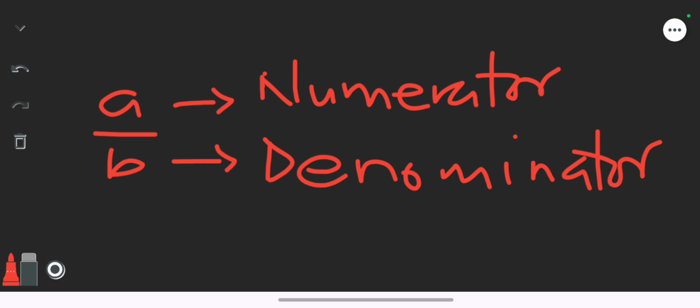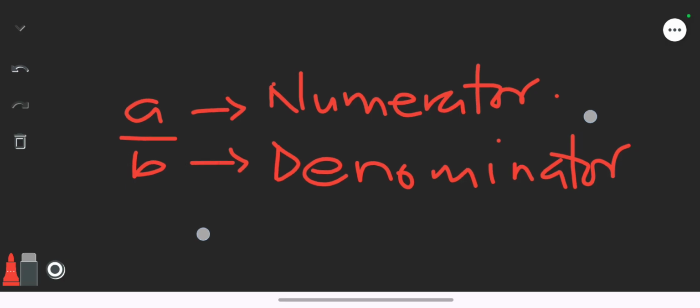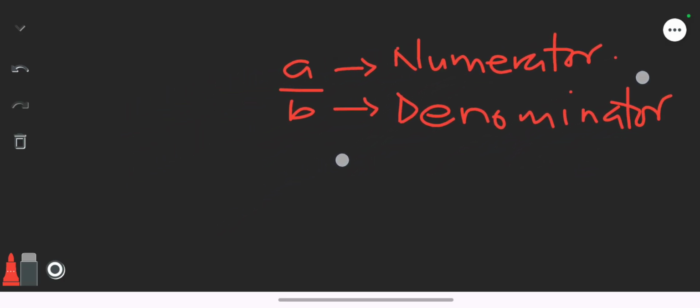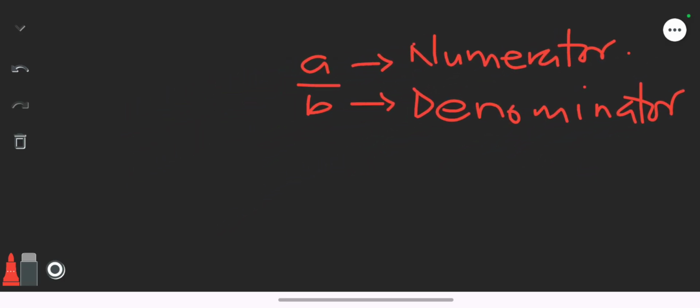So always remember, a fraction has two parts. The top part is the numerator and the bottom part is the denominator. So let's look at an example of a fraction.